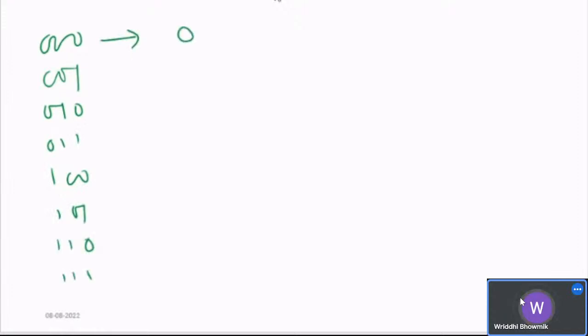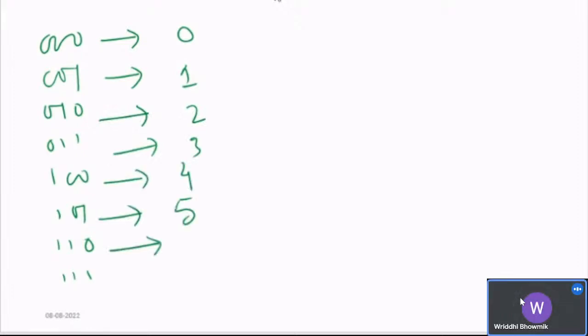So this corresponds to 0, this corresponds to 1, this corresponds to 2, this corresponds to 3, this corresponds to 4, this corresponds to 5, this corresponds to 6, and this corresponds to 7.